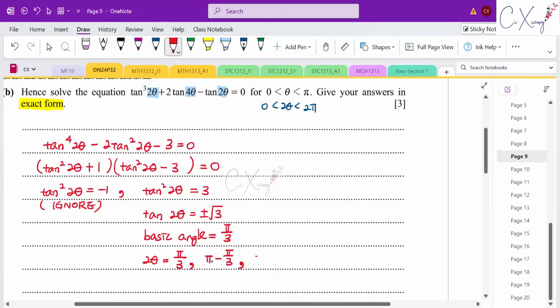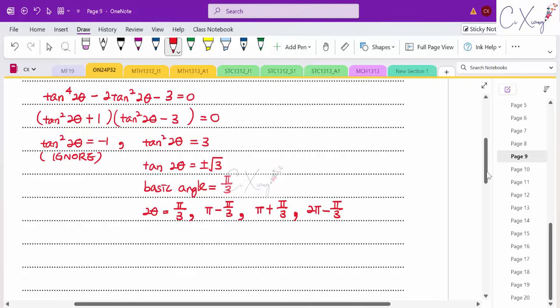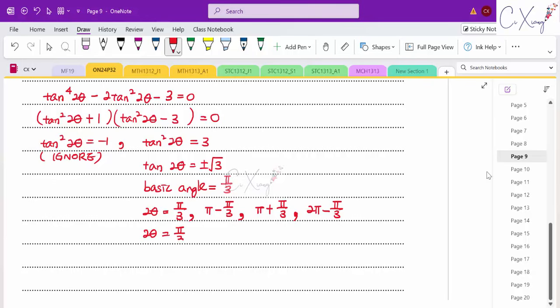Answer in the third quadrant should be pi plus basic angle. Fourth quadrant, the answer should be 2 pi minus the basic angle. So this is what we learn, in different quadrants, how we get the correct answer from each quadrant. Then you should try to simplify them. So you'll be having pi over 3, 2 pi over 3, 4 pi over 3, and also 5 pi over 3.